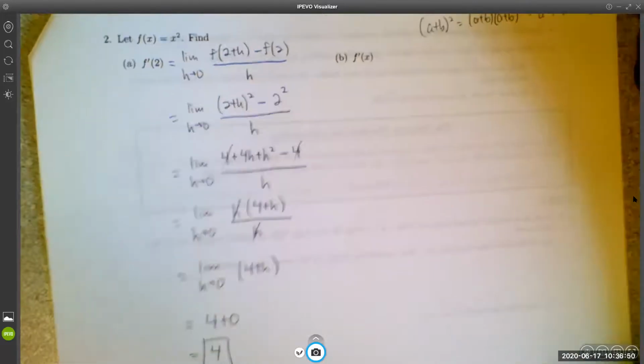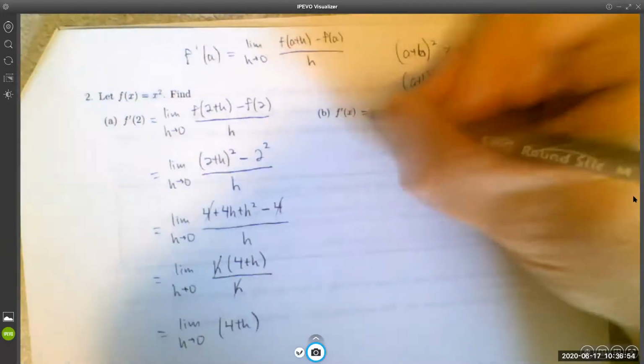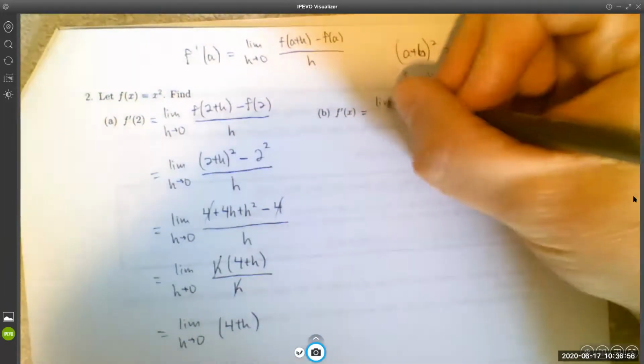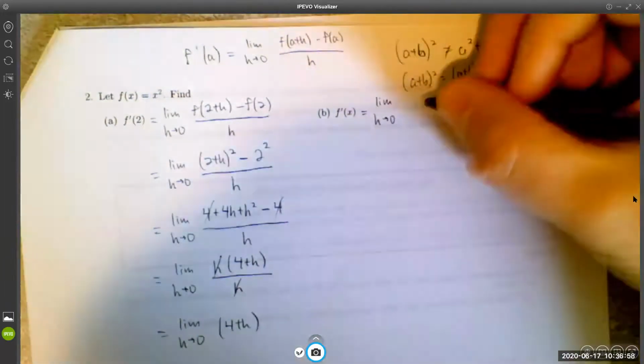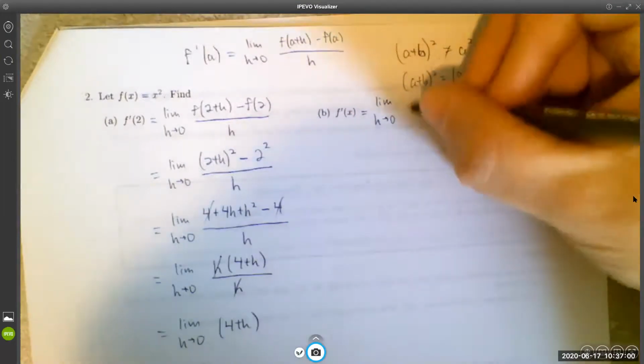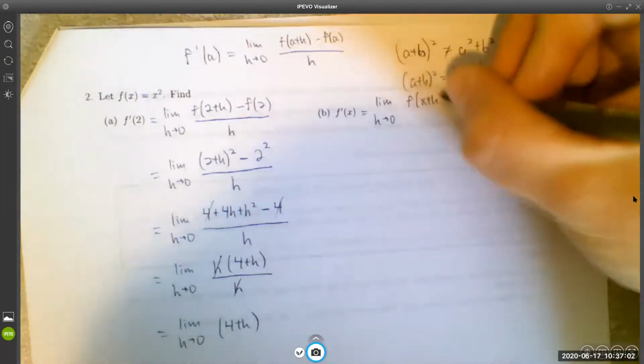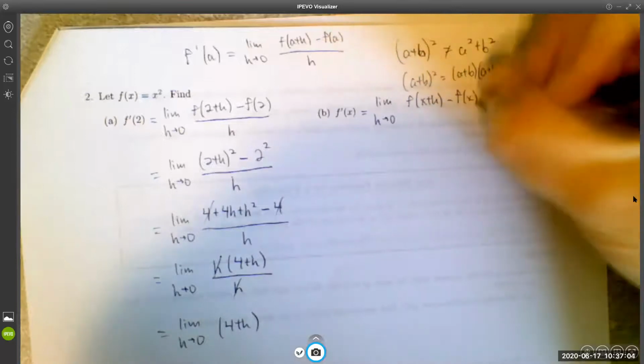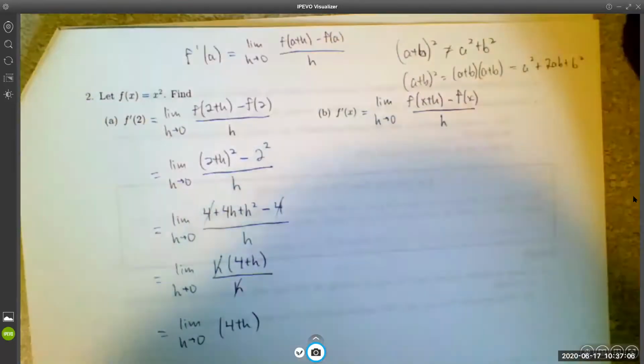Let's see if we can employ that same strategy to find f prime of x in general. So f prime of x is going to be limit as h approaches 0 of f of x plus h minus f of x divided by h.